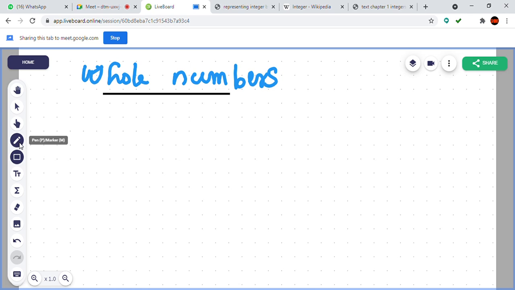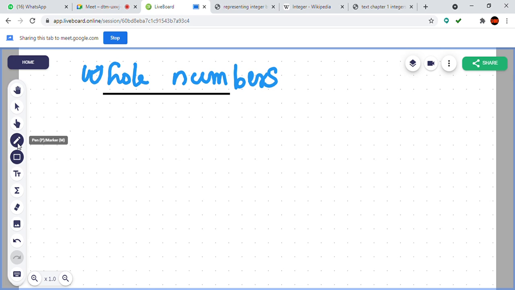Then what is the difference between natural numbers and whole numbers, you know? Miss, whole numbers start with 0. Yes, including 0. That are whole numbers.